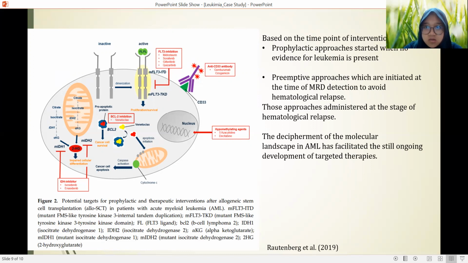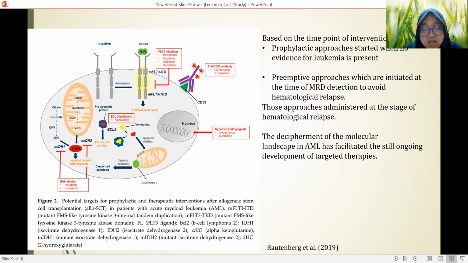Prophylactic approaches started when no evidence for leukemia is present, and the second is preemptive approaches, which are initiated at the time of MRD detection to avoid hematological relapse. Those approaches are administered at the stage of hematological relapse.